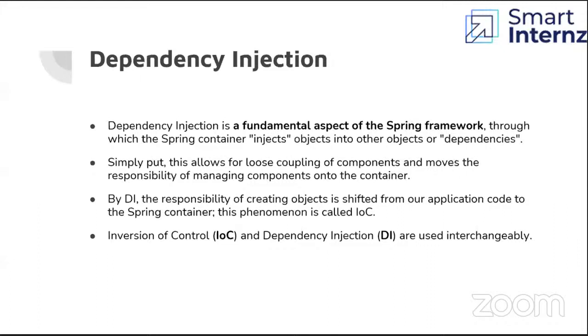This phenomenon is known as IOC. IOC and dependency injection are used very interchangeably, right? So even if you're referring to IOC, it kind of means dependency injection. Spring IOC is basically a mechanism to achieve loose coupling, right? I hope you understood what dependency injection is, right?